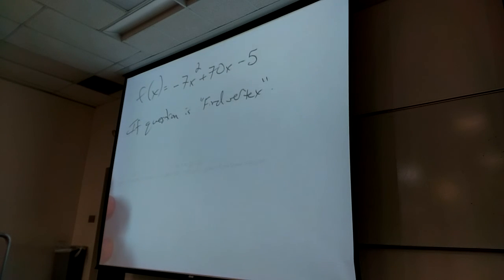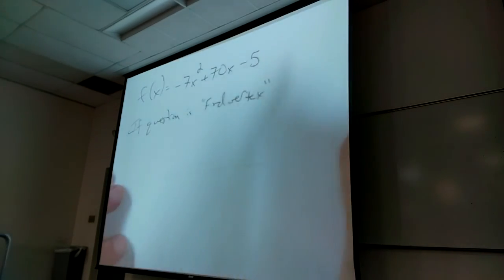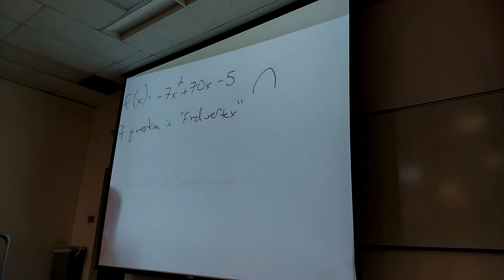Would it be a maximum or a minimum? Some of you guys are like 50-50 shot. They both start with M. Which way does it open? Down. So that's going to be a max. It's a hill. It's got a top.